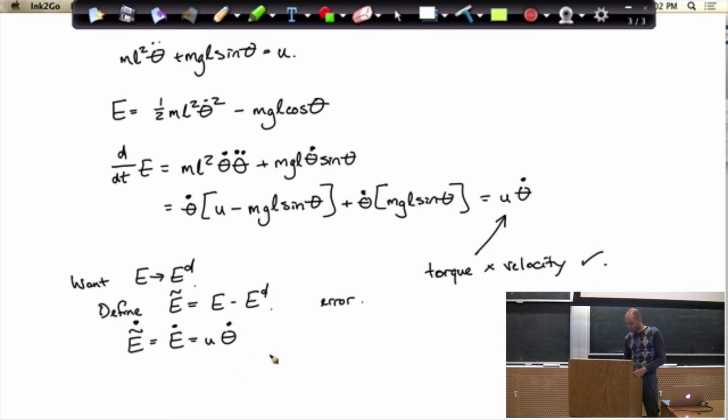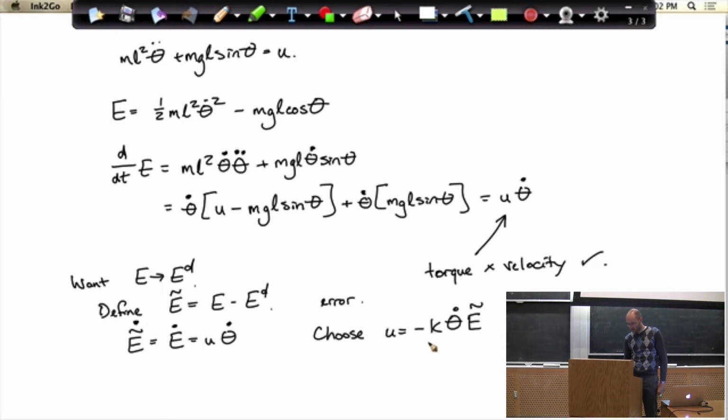So now, this is where you start thinking like a nonlinear control guy, okay? Let's choose a nonlinear controller, negative K theta dot times my error. Okay, that's my feedback controller of choice.